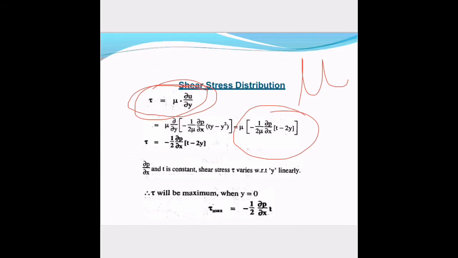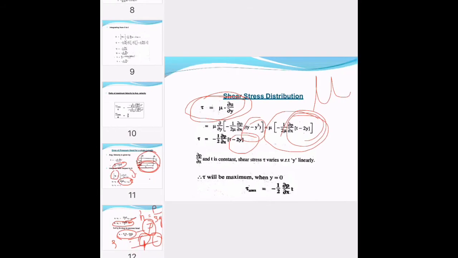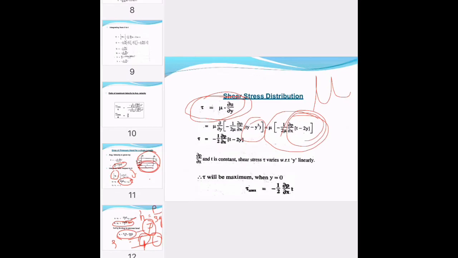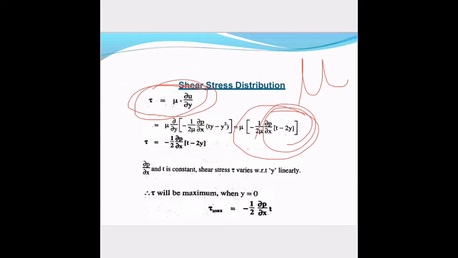If you further simplify, ultimately your shear stress will be tau equal to minus half del p by del x into (t minus 2y).